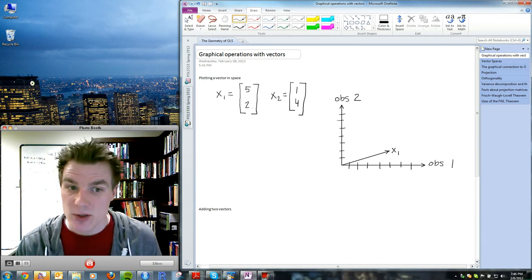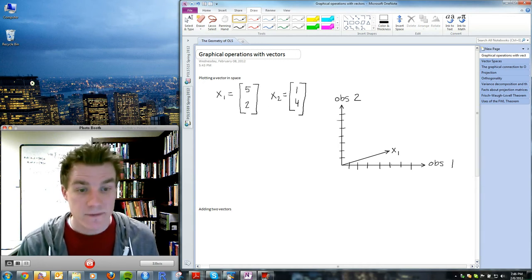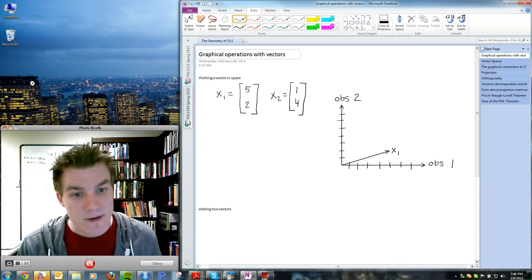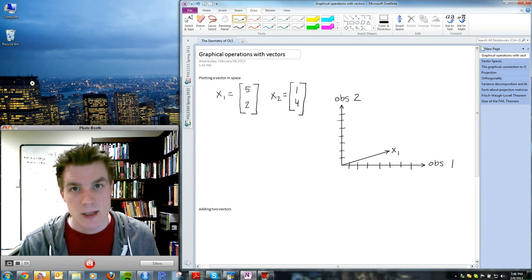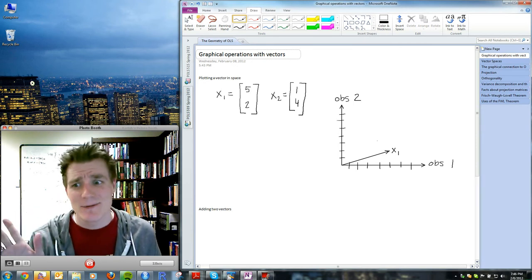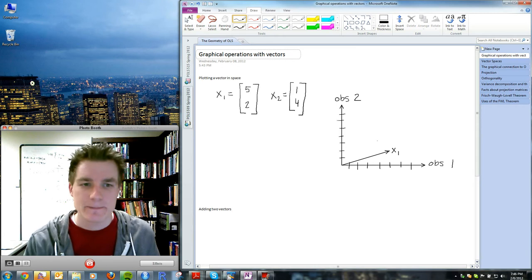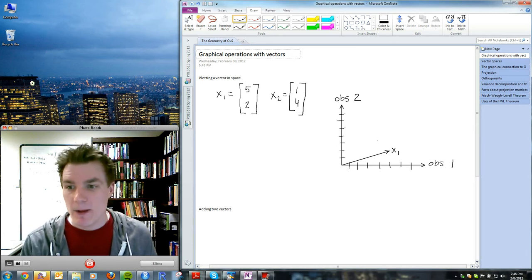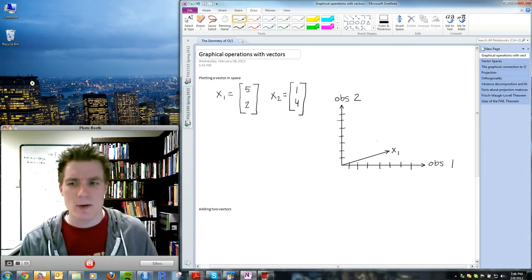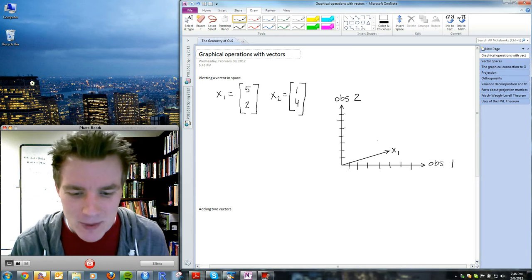The first observation has a value for x1 of 5, and the second observation has a value for x1 of 2. So this is a data set with two observations in it. It's a small data set, a toy data set in fact. Everything I'm going to say applies to larger dimensional data spaces, but you'll see why we're sticking with two observations a little later.